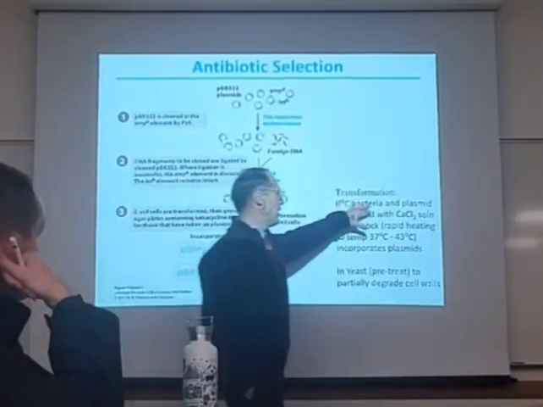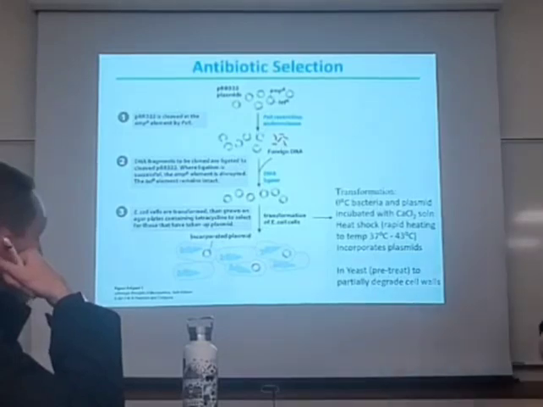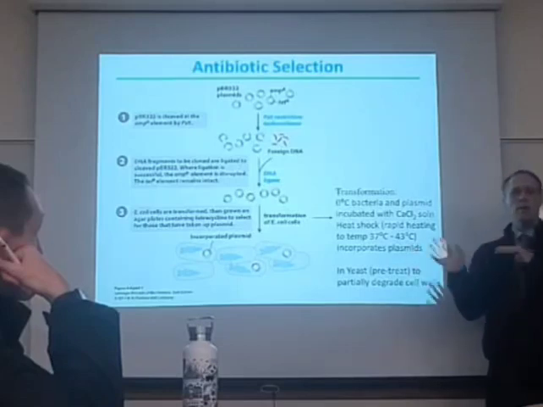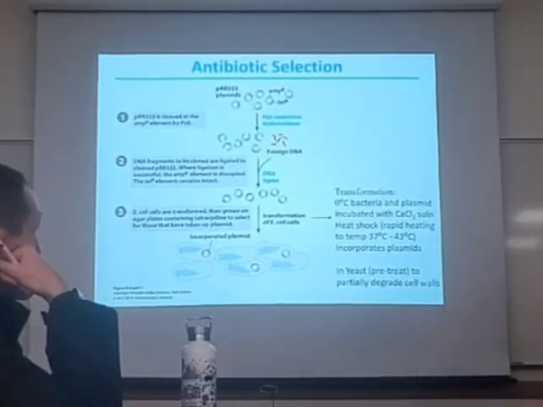To transform, to put it in, you take the bacteria to 0 degrees, make it cold. Then incubate it with some salt, commonly calcium chloride. Rapidly heat it up. We will talk about membranes in the next unit.